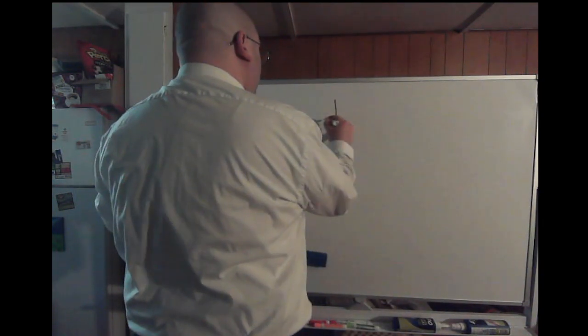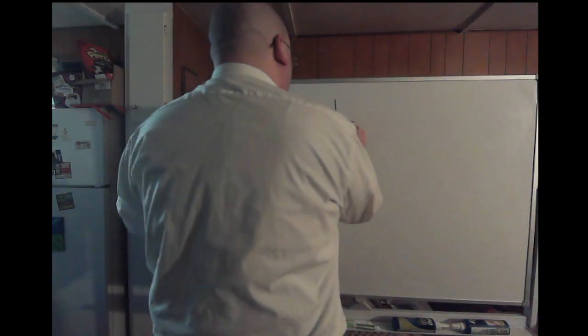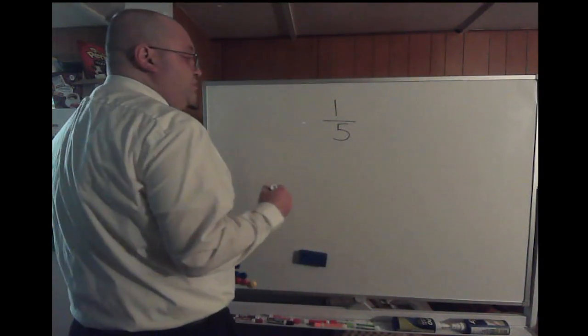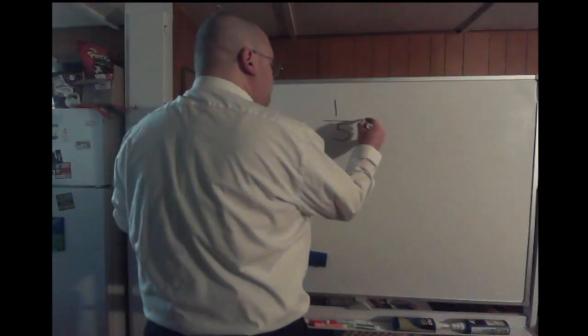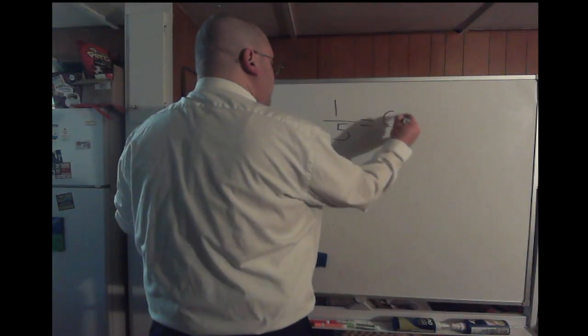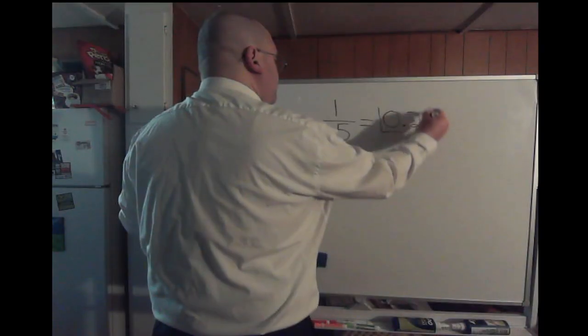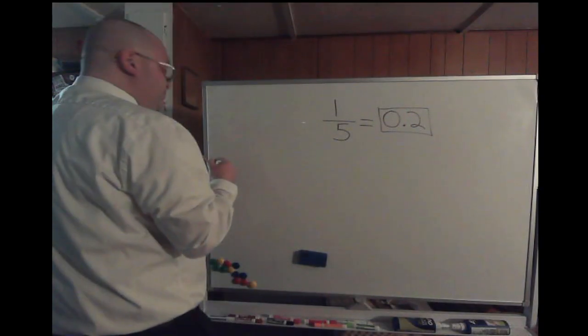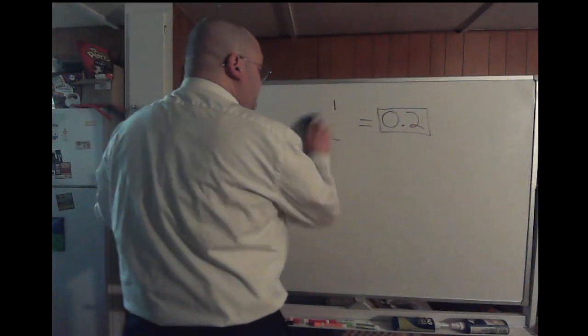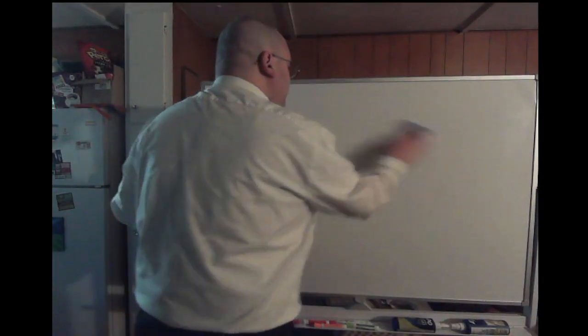So, let's start out with, let's say we have something like 1/5. We've got the fraction 1/5. We can convert it to a decimal. I don't even need the calculator. I could tell you that's 0.2. We would get 0.2 for our decimal answer. You're welcome to use your calculator.